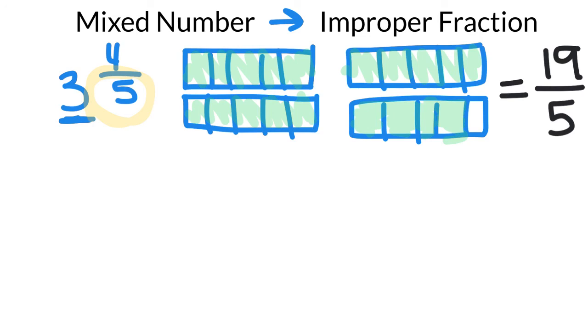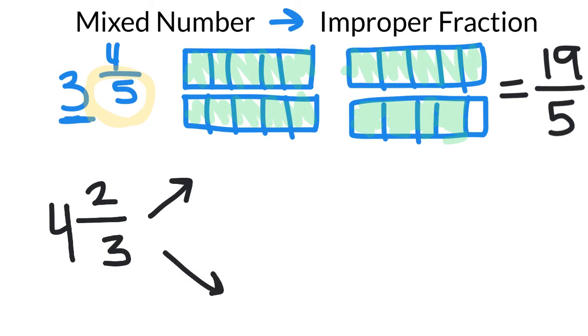Let's do a different one. Let's say that you have instead 4 wholes and 2/3. We're going to do this 2 different ways. One way you can do this is by adding the wholes together. I have 4 wholes. That means that I have 3/3, because that's 1 whole, 4 times.